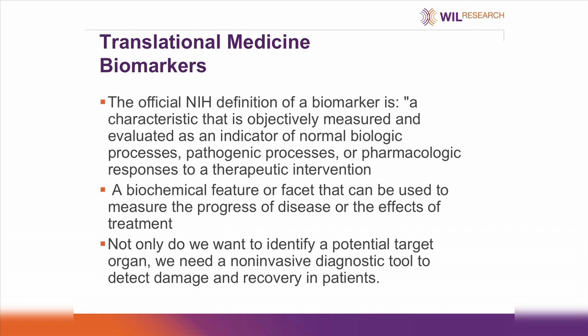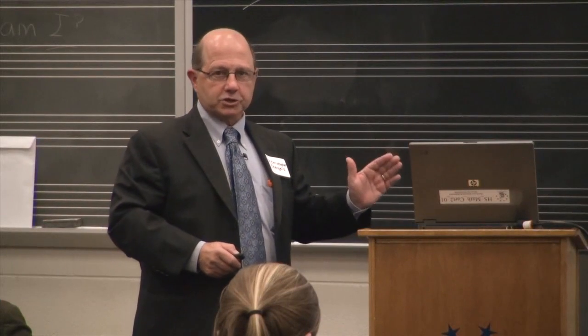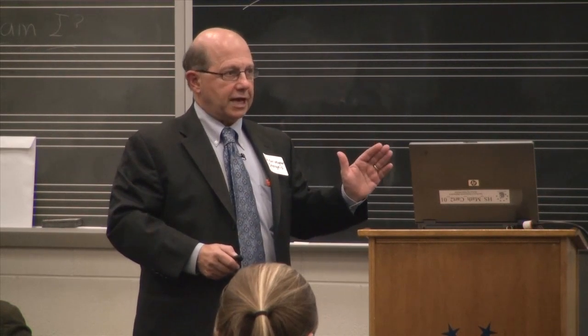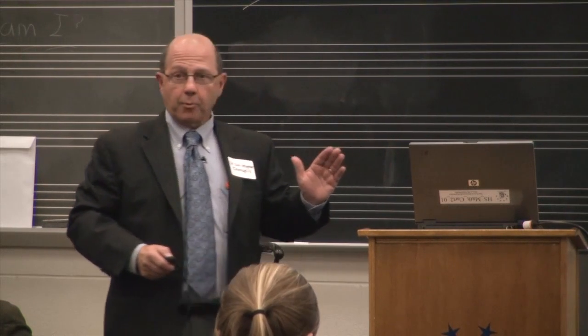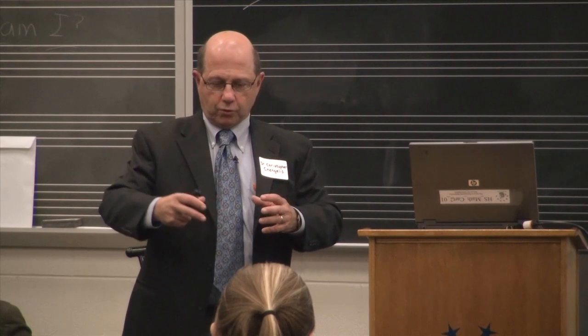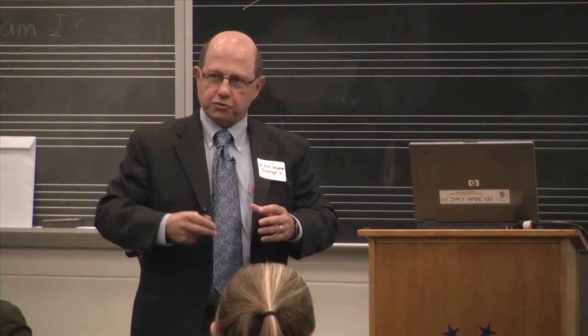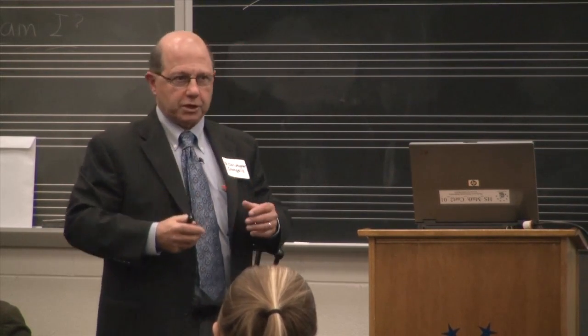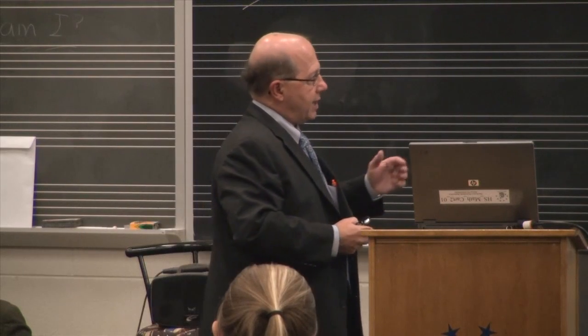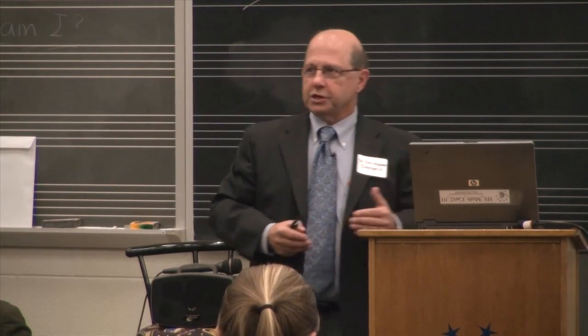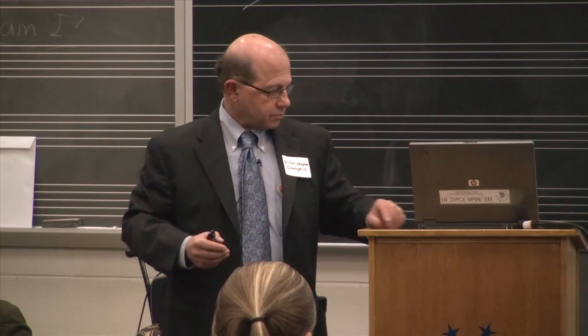Basically, not only do we want to identify a potential target organ, we need a non-invasive diagnostic tool to detect damage and recovery in patients. And I'm talking as a toxicologist. You also want to have a biomarker to watch the progression or the cure of the disease. So hopefully during clinical trials, they have highly specific markers to help them do that.